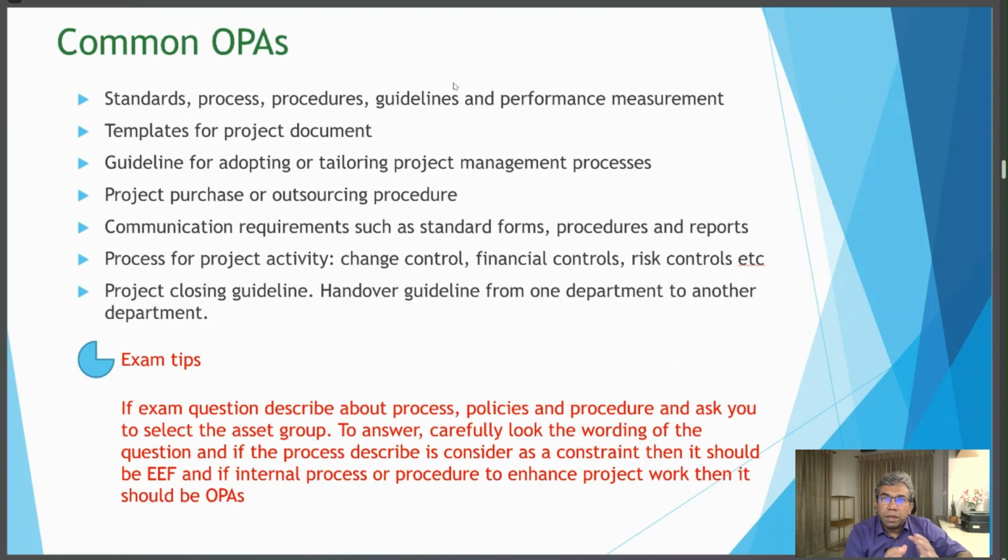It may have some templates which can enhance your project activities. They may give you guidelines to tailor your project management processes so that they are more useful for your project. It may give you purchase procedures as well, which will enhance your outsourcing procedure if you require any outsourcing in your project.